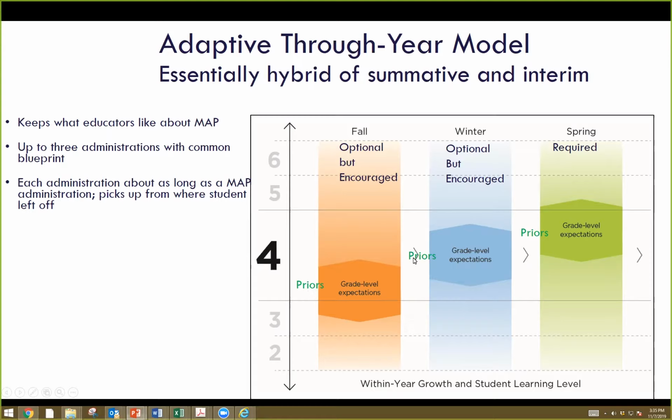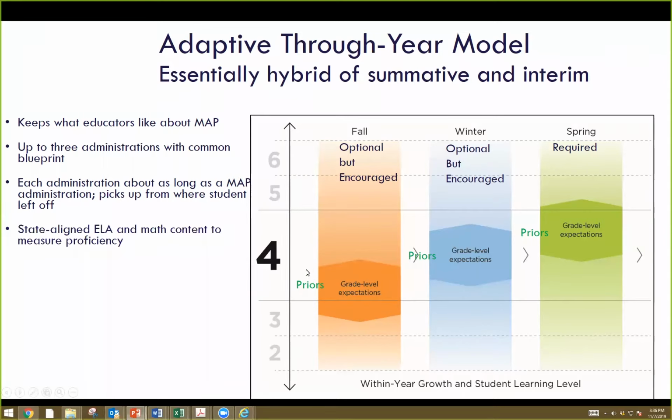Then in the winter, we'll once again pull that prior information from fall, so we'll better know where the student is and be more efficient about testing. And again in the spring, we'll use that prior information to determine where to start the student as we administer that exam.